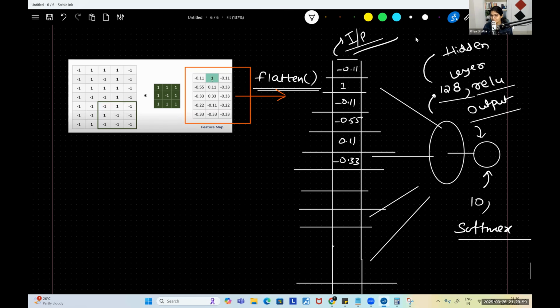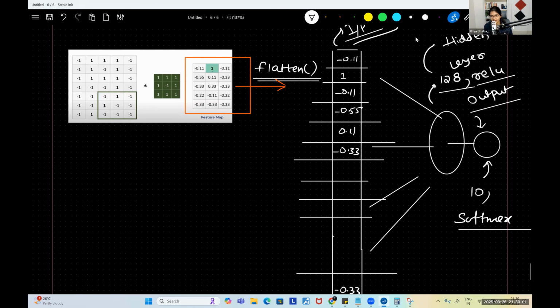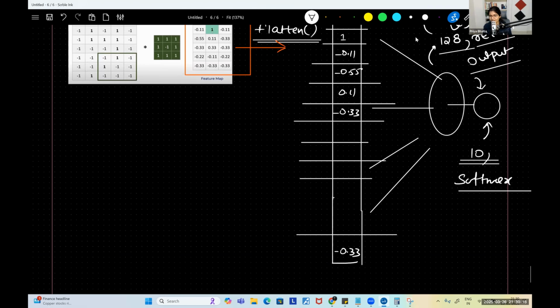Once the weights are assigned, feed forward propagation will happen. It will move ahead and provide the probability of all the values from 0 to 9. It will check the final value. For example, let's say it predicts the probability of the image being 9 as 0.90, 90%.